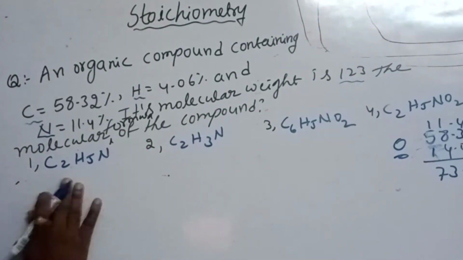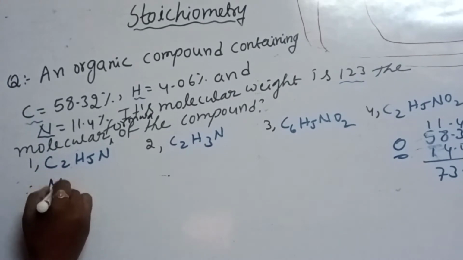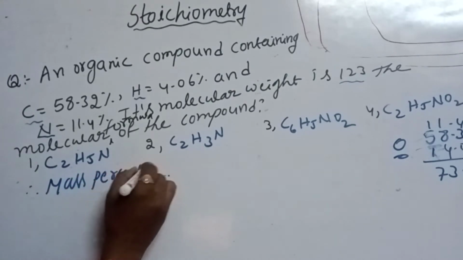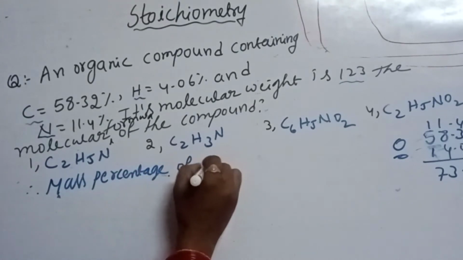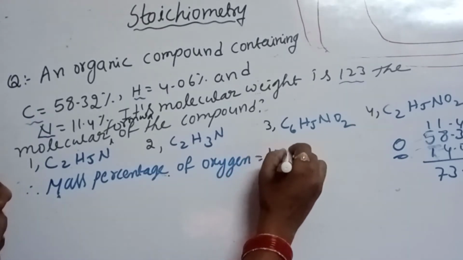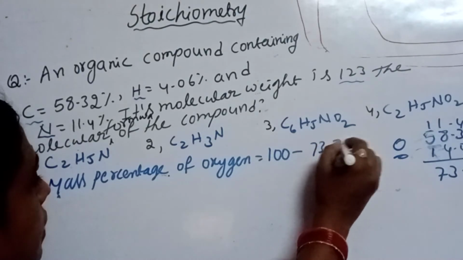Therefore here we can write: mass percentage of oxygen is equal to 100 minus 73.78.